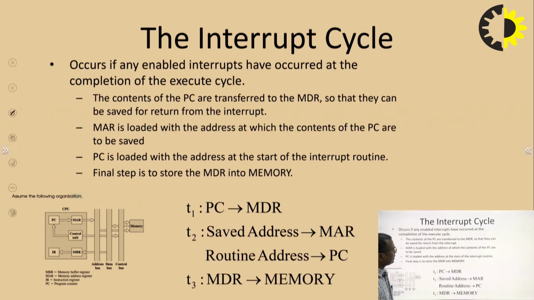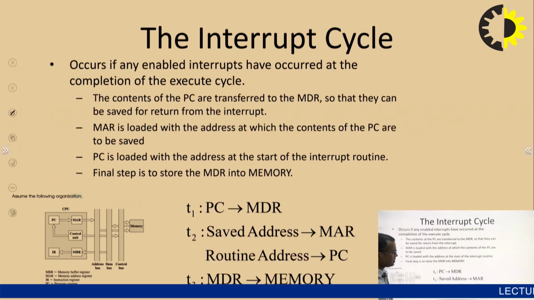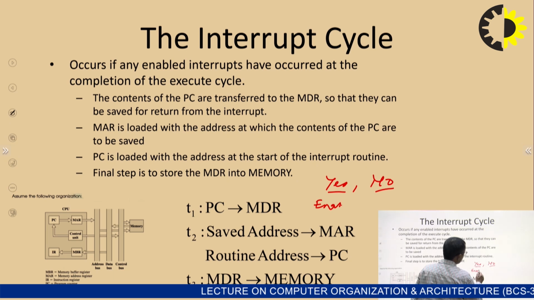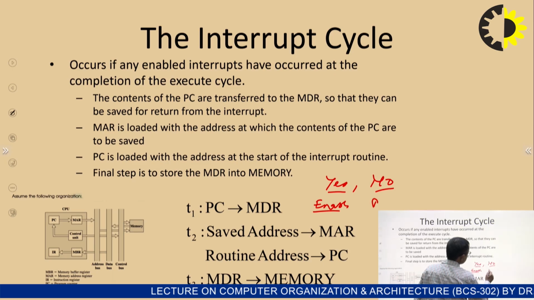Now, the interrupt cycle is very interesting, and this happens optionally, meaning it may happen, it may not happen depending upon the condition. It happens when interrupt is enabled, and if it is disabled, it does not happen.